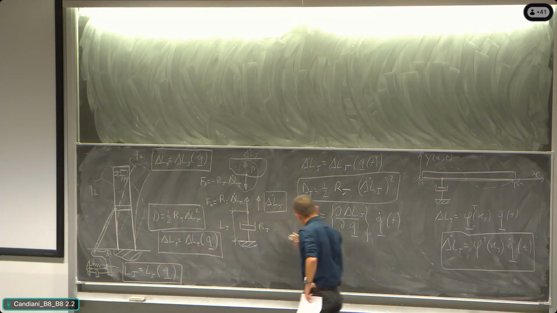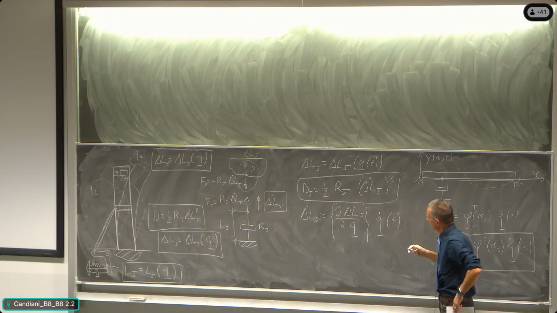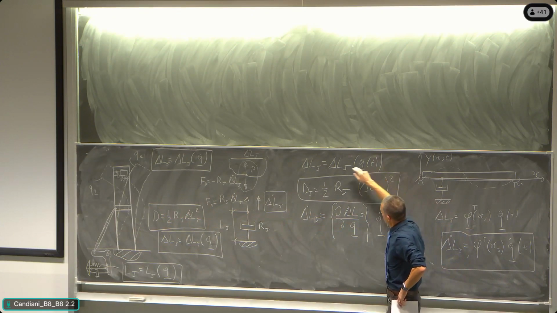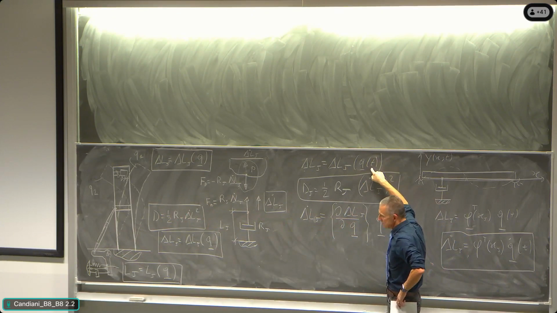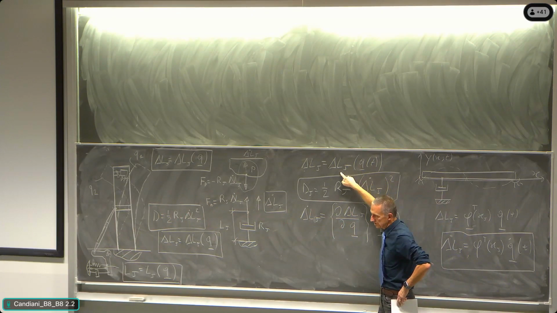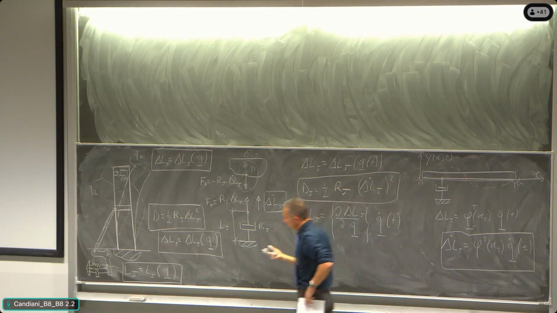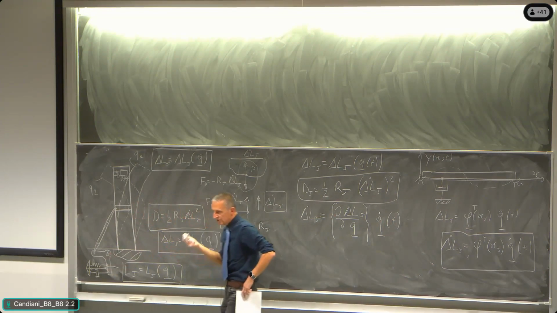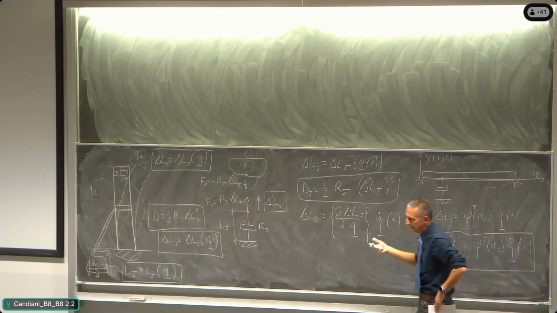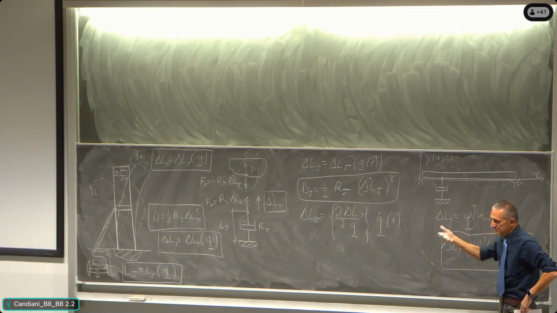And so we should write that there is a functional relationship among those quantities. The functional relationship is the kinematics of the mechanism. So there are some other functions, not just the modal shape multiplying the principal coordinate, but something else also.